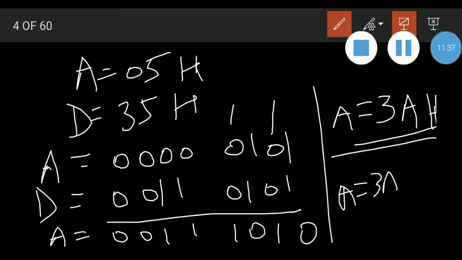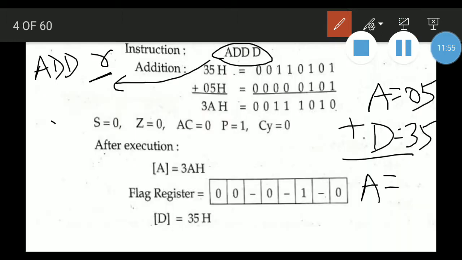Now if you see in this process, all the content of the flag registers are affected. That's why we write that all the flags are affected in this instruction. You can see the content: S 0, Z 0, auxiliary carry 0, parity 1, carry 1.